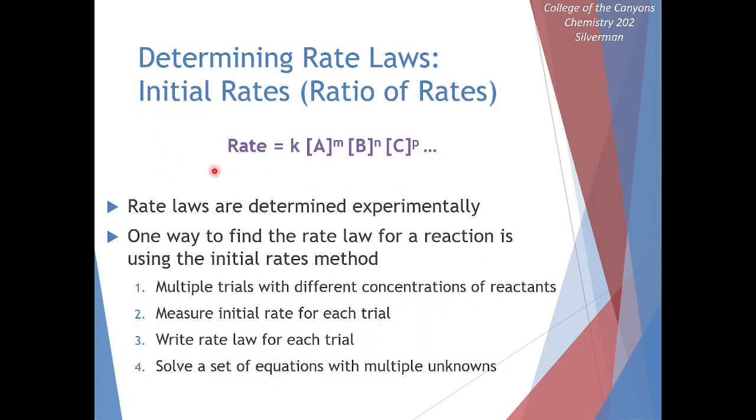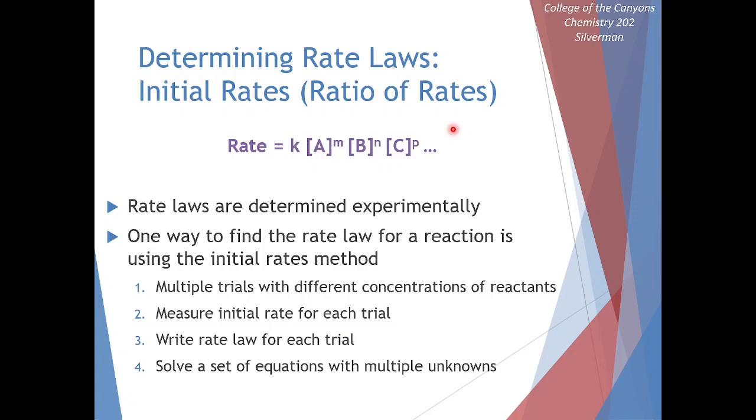For these rate laws, we can set up some experimental methods for determining the rate constant and the exponent related to each of our chemicals. We're going to introduce two ways of experimentally determining the rate law. The first way is known as the initial rates method, or the ratio of rates method.